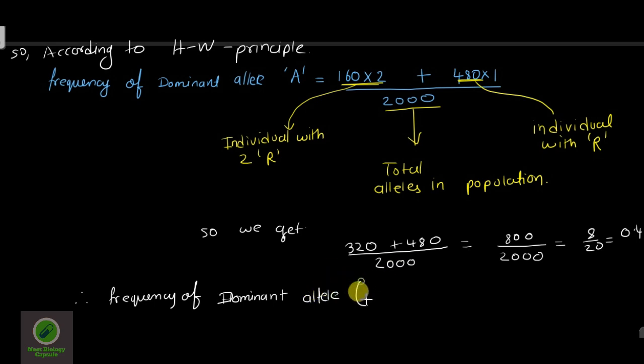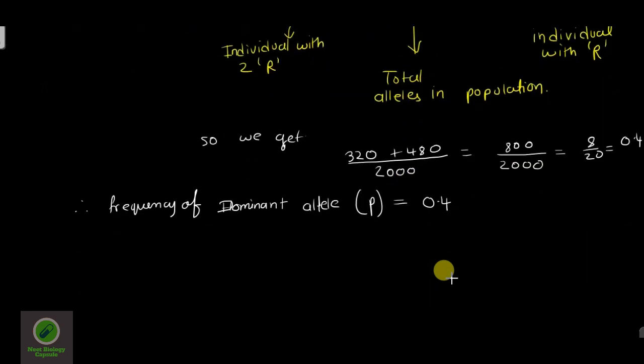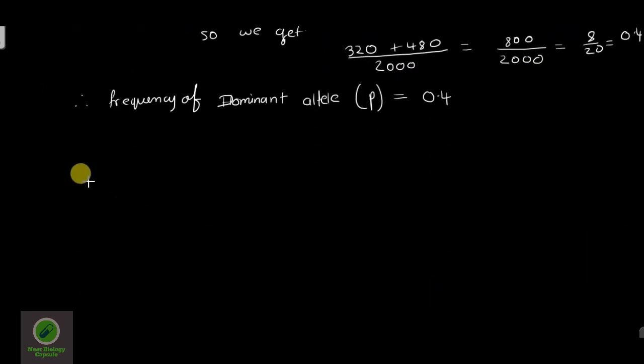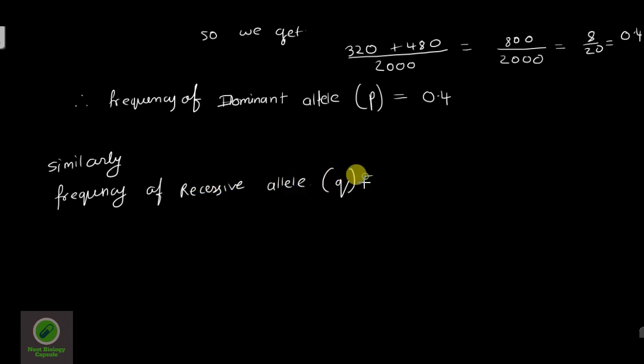Now, instead of writing frequency of dominant allele again and again, we usually represent it by small letter p, and it is 0.4 as we saw.